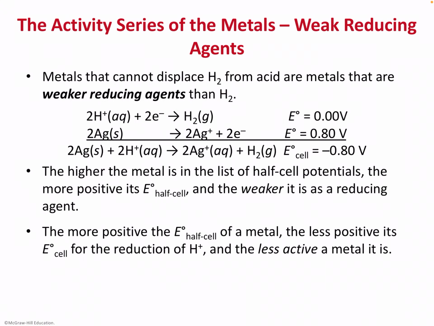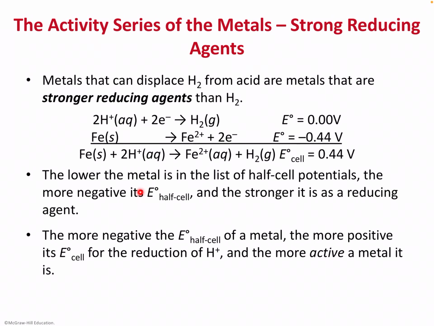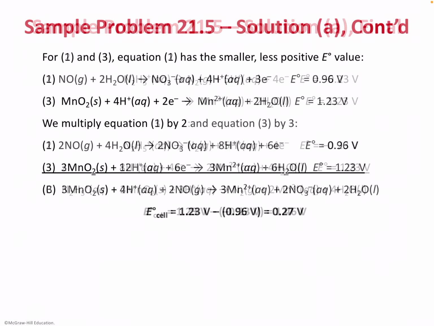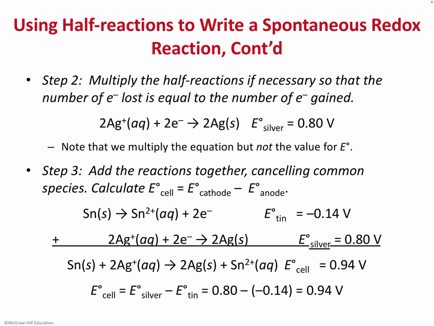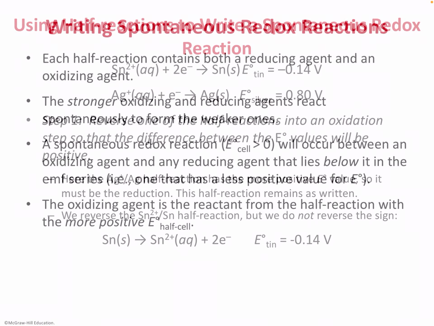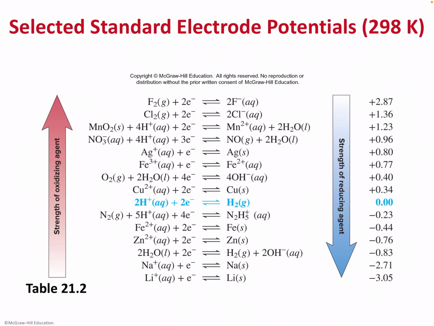The lower the metal is in the list of half cell potentials, the more negative its E naught half cell, and the stronger it is as a reducing agent. So these are the half cell potential series that we talk about. Remember I showed you earlier, the lower the metal. You see here, the lower the metal.